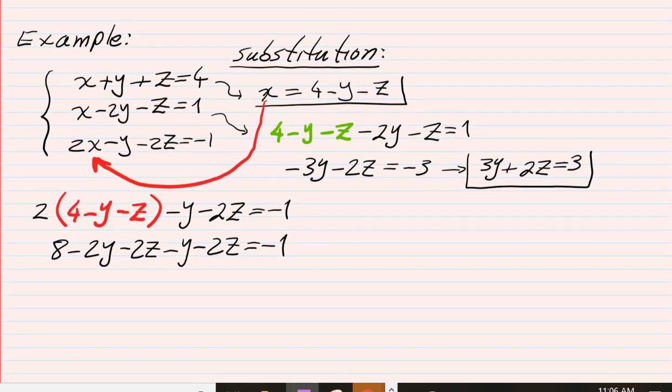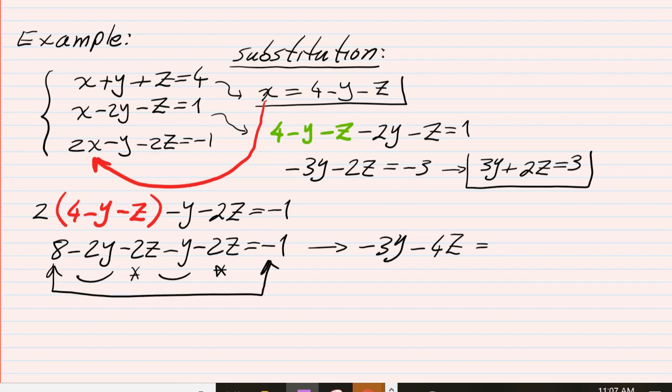Now combine like terms. Negative 2y and negative y makes negative 3y. The z's: I have negative 2z here and negative 2z, which makes negative 4z. Finally, I can subtract 8 from both sides, and negative 8 makes it negative 9 on the other side.